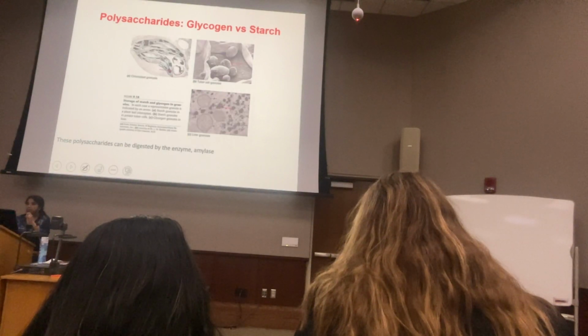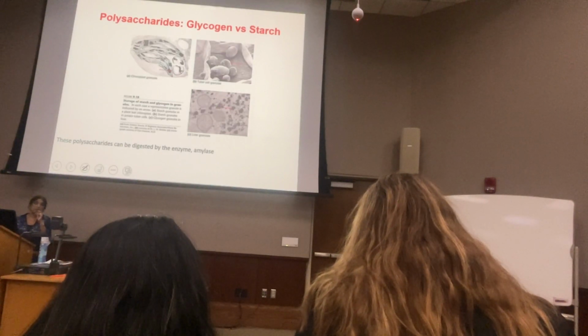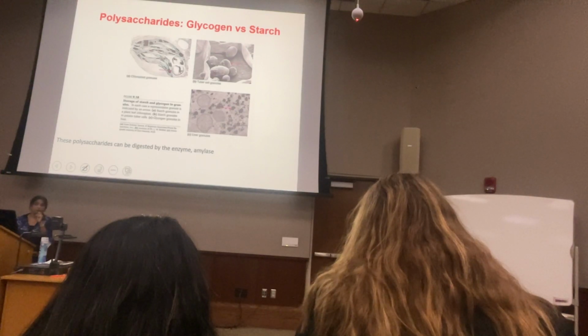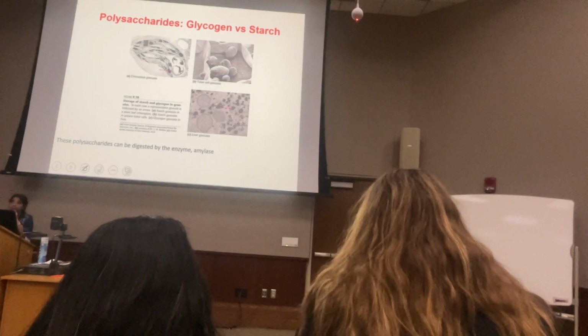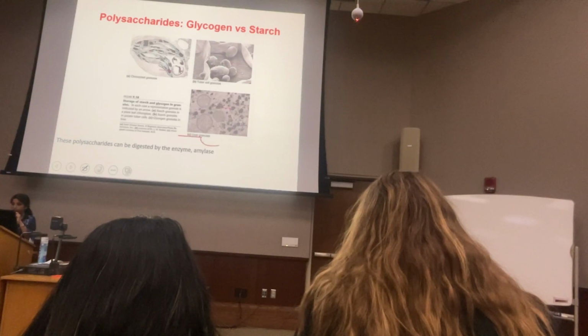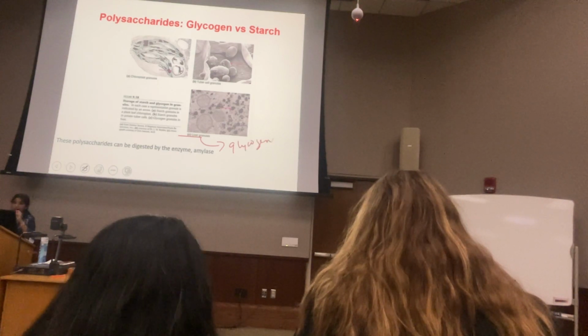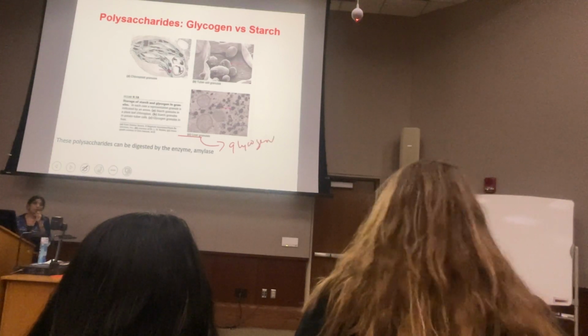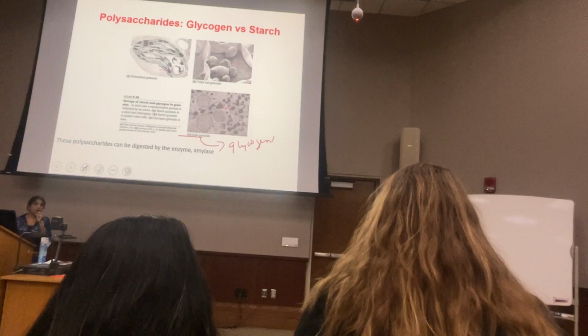So polysaccharide-wise, let's talk about glycogen versus starch first. Glycogen is in the liver, right? So there's your glycogen in the liver. That's our storage. So the liver stores our glucose molecules.